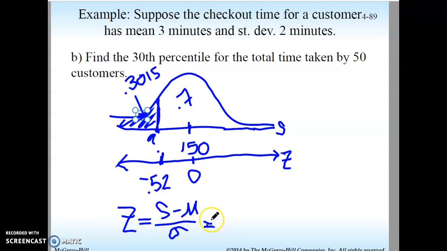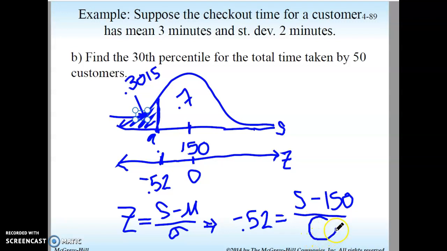So negative 0.52 equals the score we're interested in, S, minus the mean, over the standard deviation. I'm going to make you figure out what standard deviation goes there, and calculate this S. I want to know the 30th percentile. What is this value? It should be a little less than 150. Okay, so go try that.